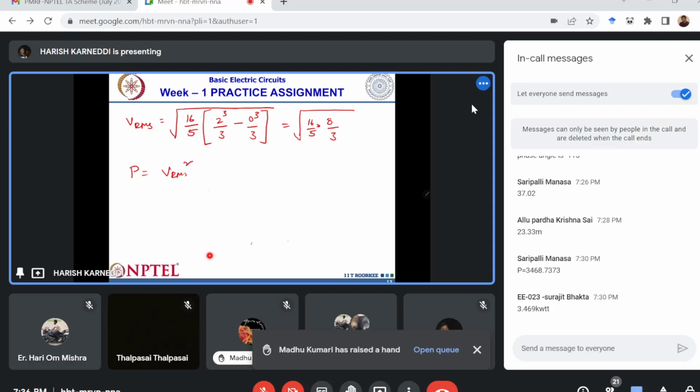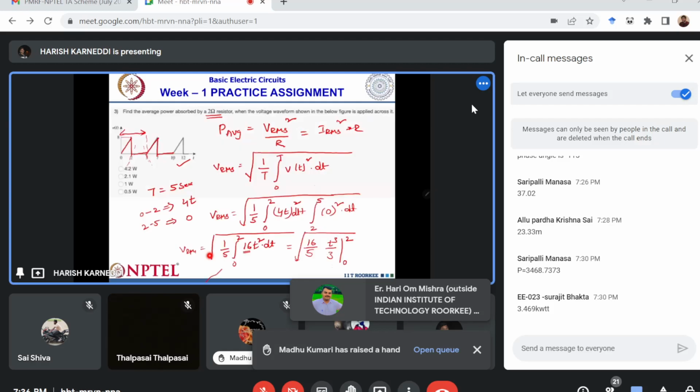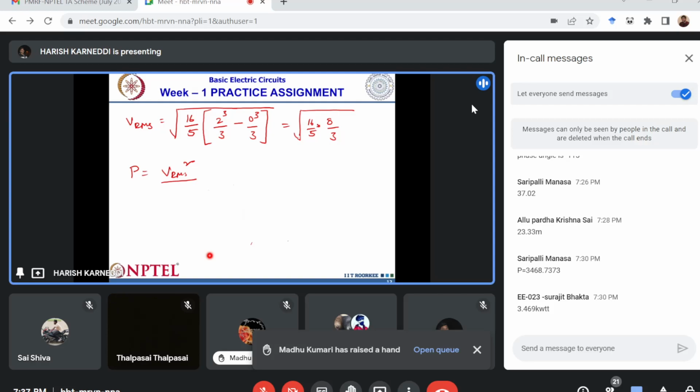Vrms square by this across 2 ohms, right? Vrms square by 2 ohm. So Vrms equal to square root of 16 into 8 by 5 into 3. Vrms square equal to the square and root will be cancelled. 5 into 3 is 15 by 2, right?